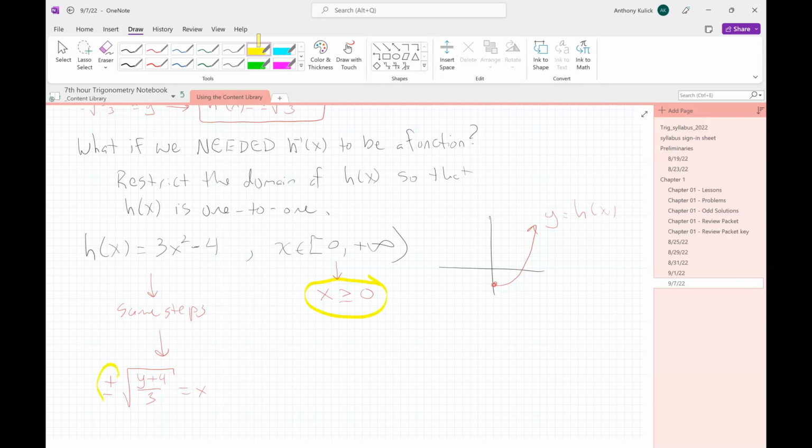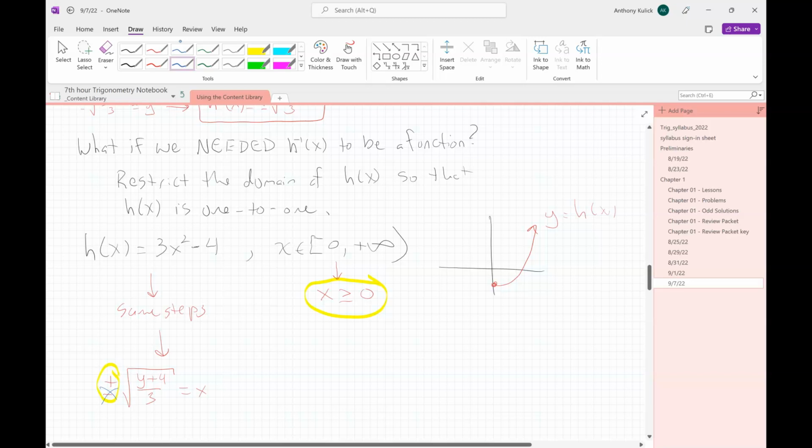So what can I do then with the plus or minus? If x equals plus or minus the square root of yada, yada, yada, but I know x has to be greater than or equal to 0, what can I do with the plus or minus? Get rid of the minus, right?